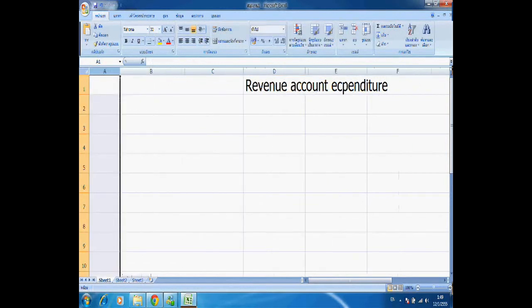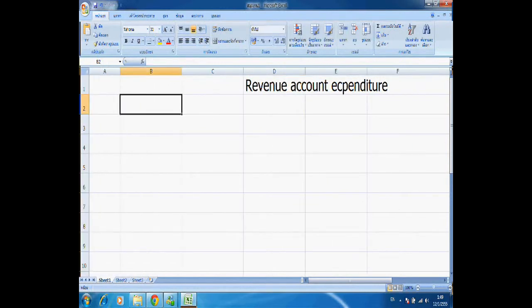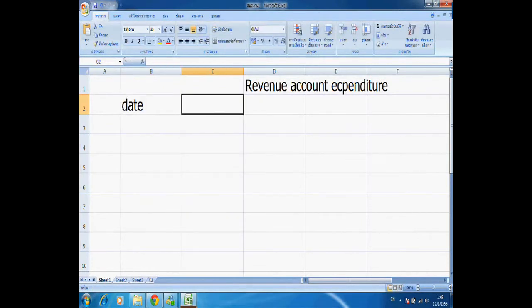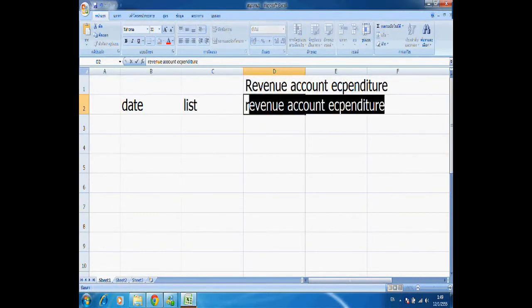I used Excel in the preparation of accounts payable. In this article, I would like to present how to prepare a simple income and expenditure sheet currently in use.